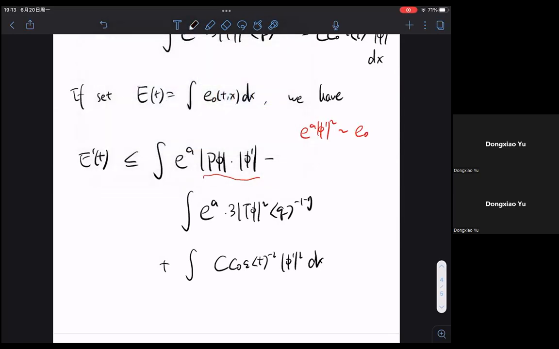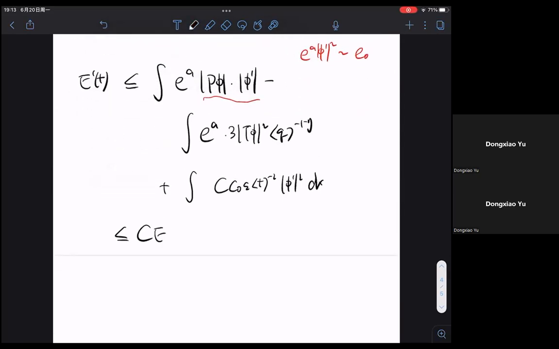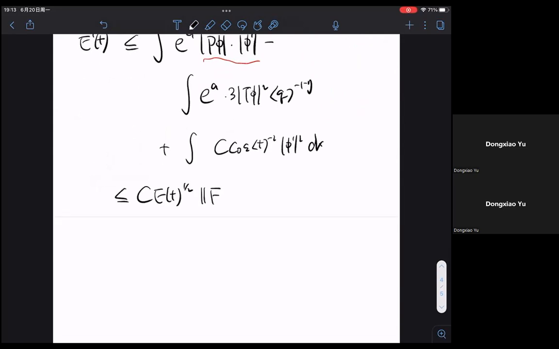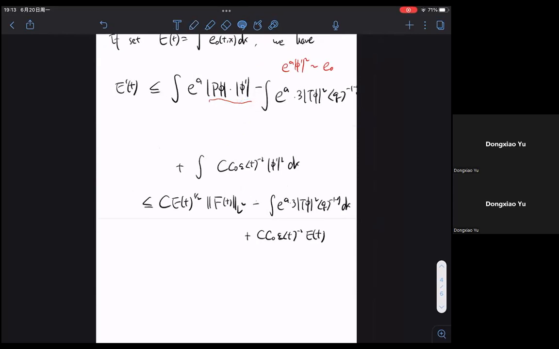So finally, I know that F is equal to P phi. This is what we have if I apply the bound we have before.